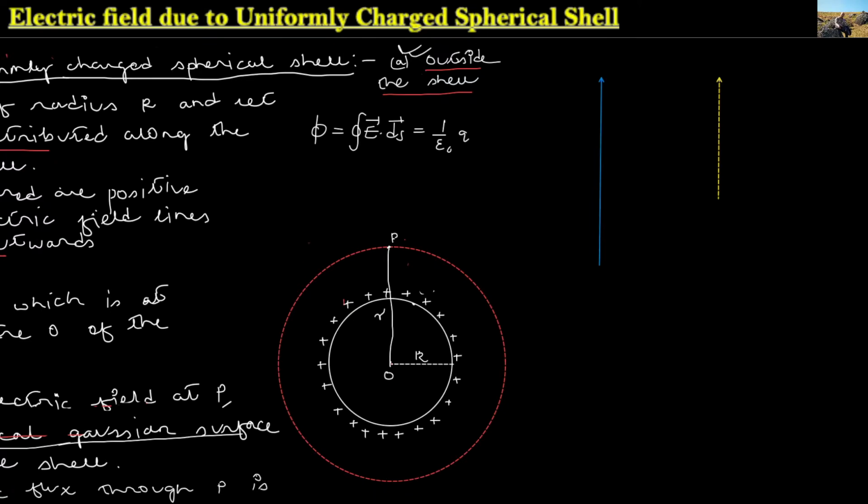Then we have to know that the electric field intensity at point P is given by the electric field vector.